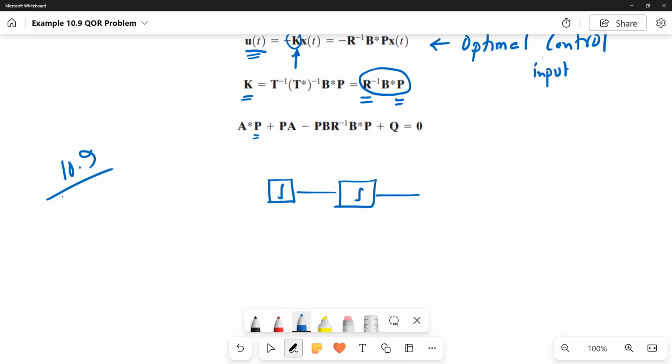Sometimes the equations may be given, sometimes they won't be, but from the system we will be able to figure it out. That is why I'm assuming that they haven't given you the system matrix and B matrix. Rather, we are trying to figure it out from the diagram. So now let's see how it becomes.